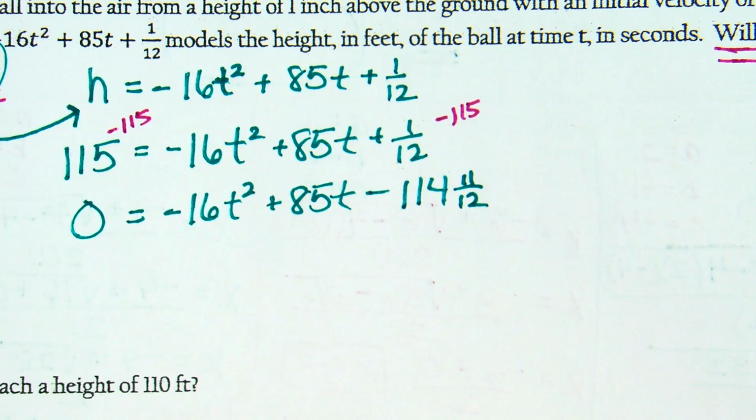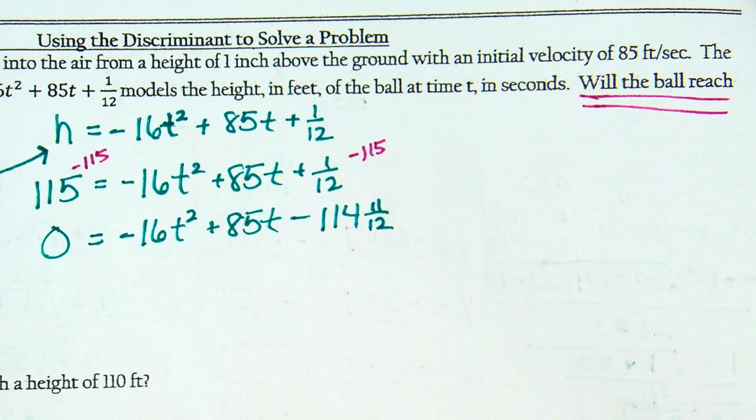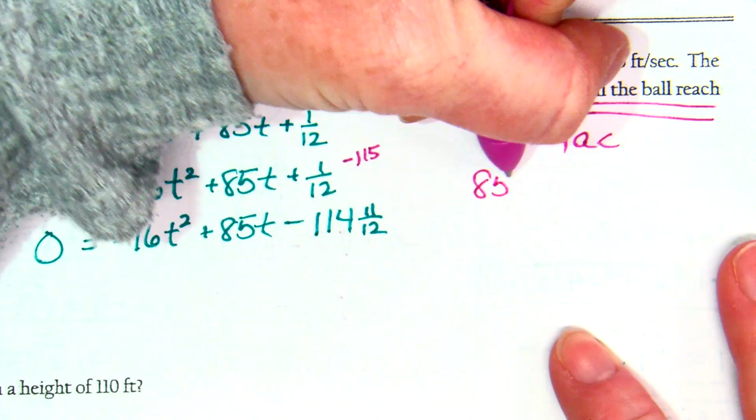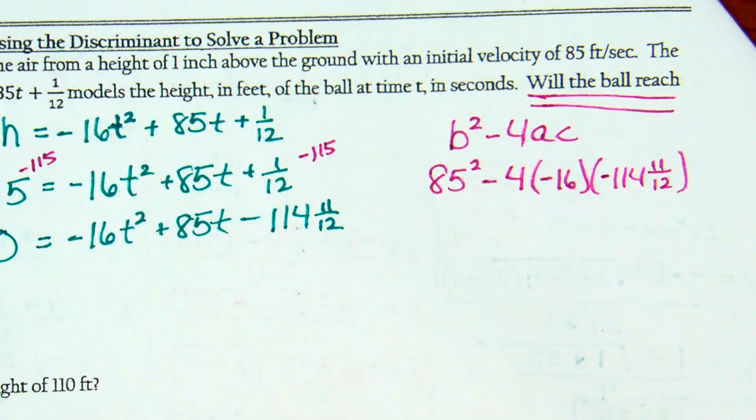So what's B? 85 squared minus 4 times A is negative 16 times C is negative 114 and 11 twelfths. 85 squared is 7,225. 3 negatives, a minus times a minus times a minus is going to make it a negative.